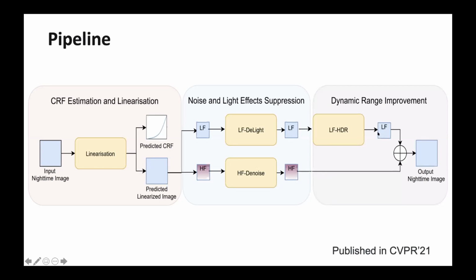Once we have boosted the low frequency layer, the low light becomes boosted as well. Then we combine the low frequency and the high frequency again, and that becomes our output. So this is the basic pipeline that we have here to deal with the problem.